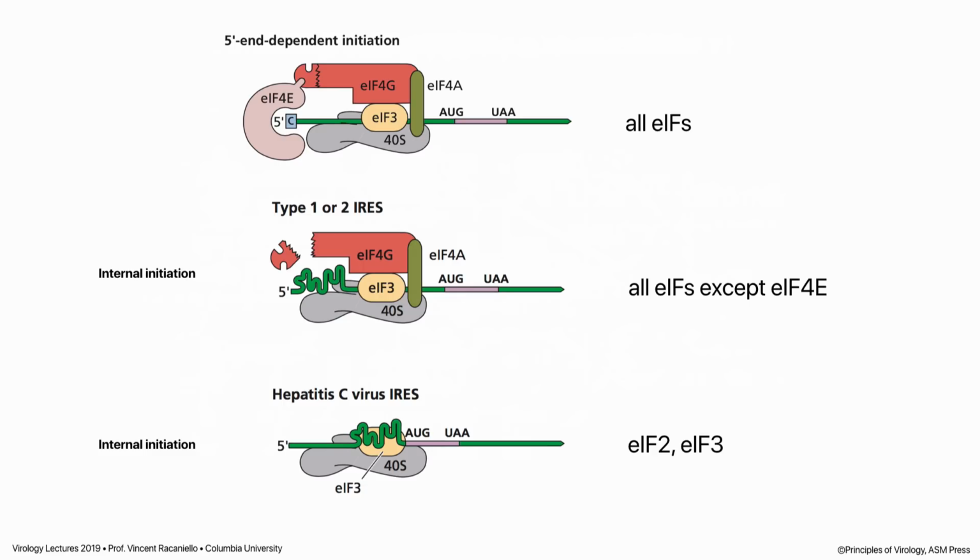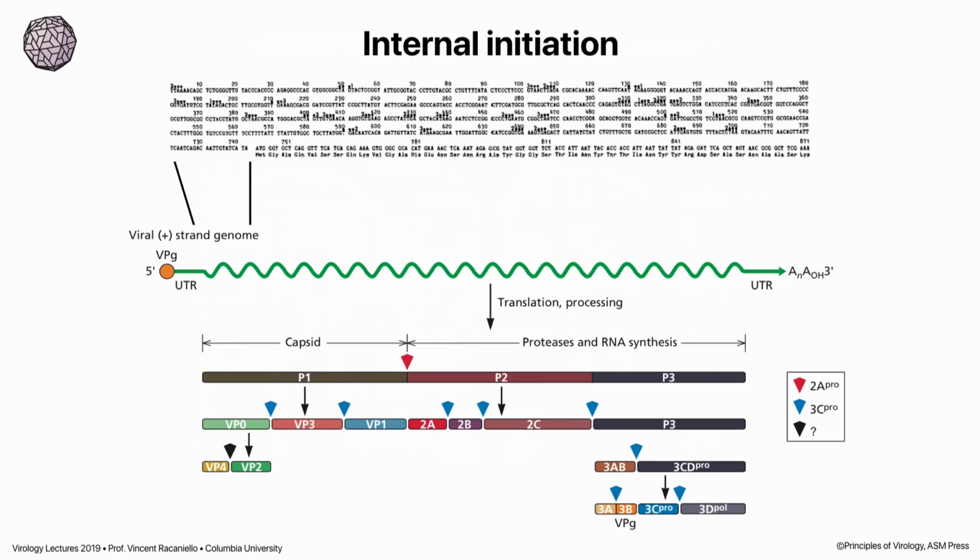Hepatitis C virus RNA has an extreme version of this where the 4G will actually bind directly to the 5' end of the RNA. So this gets around the need for a cap, and that's why these viruses can interfere with cap-independent translation. The ability of these viruses to bind the ribosome or EIF4G internally is called internal ribosome entry or internal initiation.